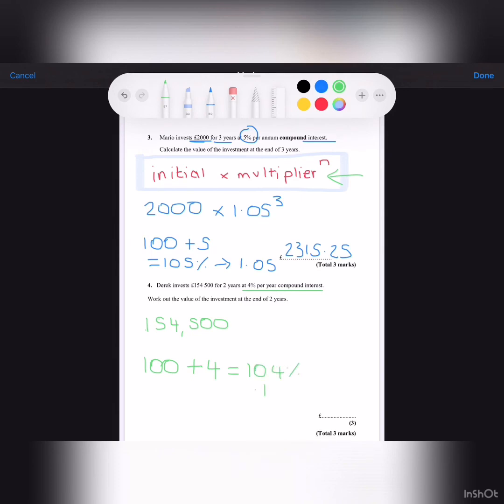Then to get it as a multiplier, we have to divide by 100 because a multiplier is always as a decimal. So our multiplier is 1.04, and our power for that is 2 because we're told it's for 2 years.